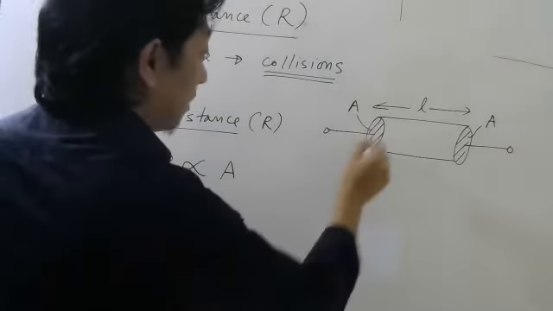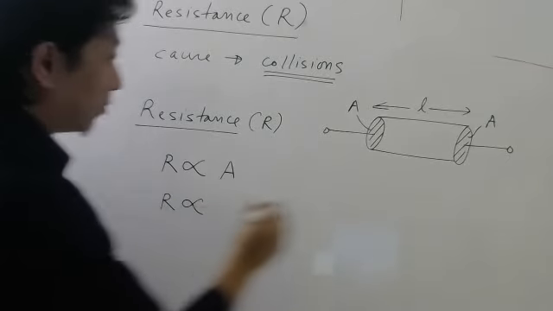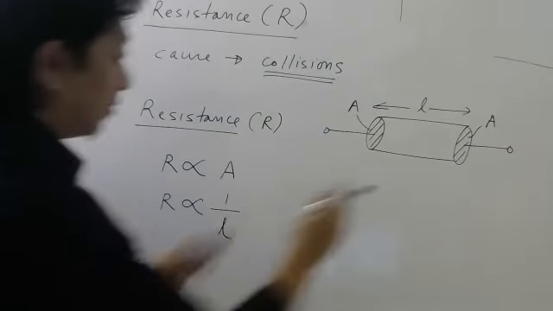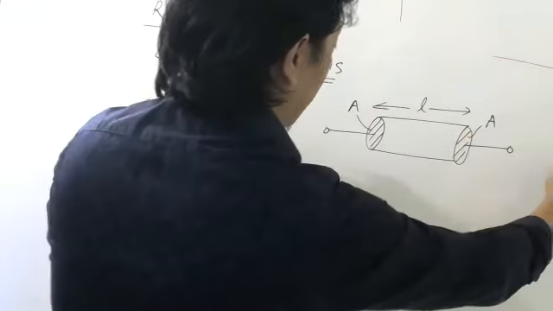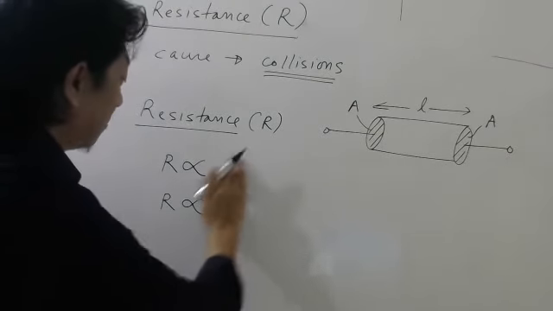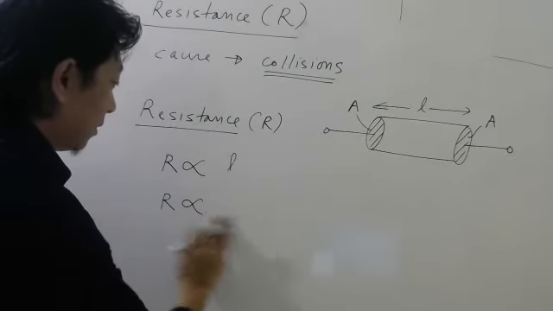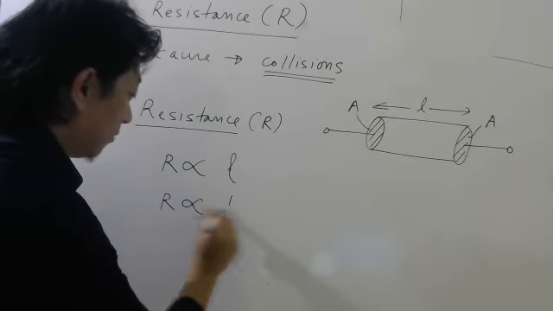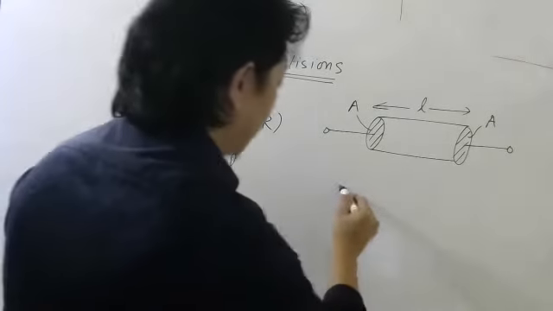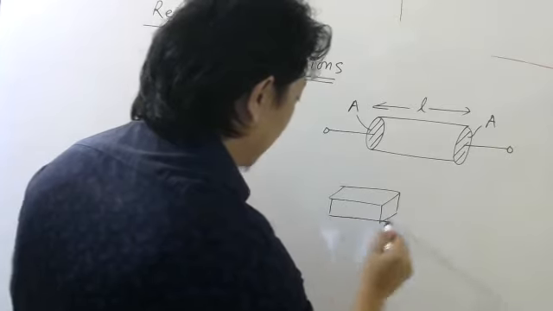So with increase in area, the resistance increases, and it is inversely proportional to the length of the wire. So if the length of the wire is more, the resistance is less. Sorry, I said it the wrong way around. It is directly proportional to length and inversely proportional to area. This is how they find it. Let me explain. They take many blocks like this.